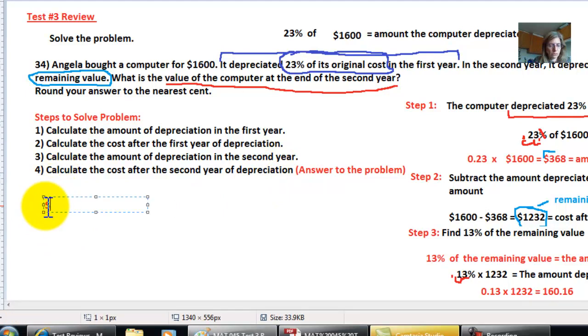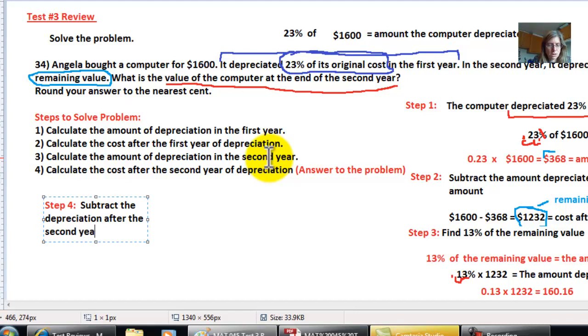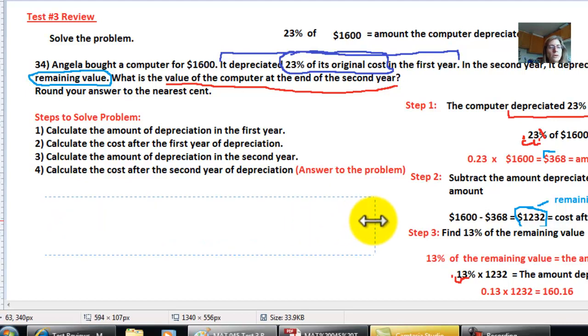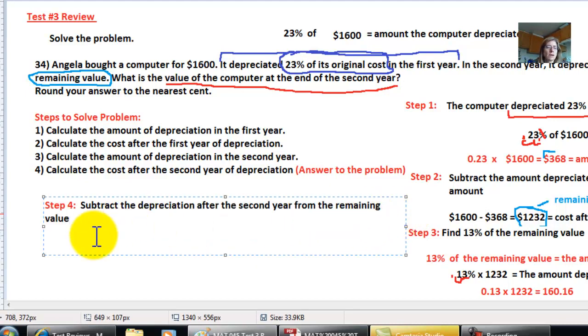We're going to subtract the depreciation after the second year from the remaining value. Once again, we're not going back to the original value; we have to use the remaining value.